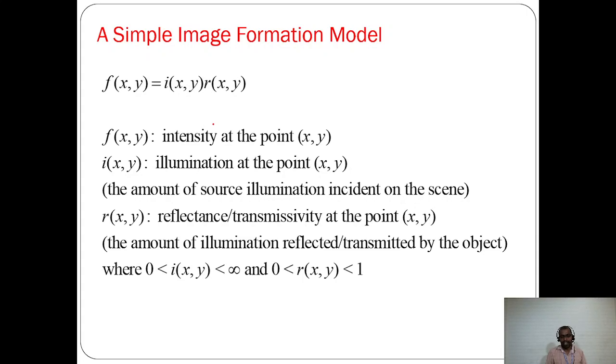So the image can be formulated using illumination and reflection, represented as i of x comma y and r of x comma y. The illumination value is between 0 and infinity and the reflection value is between 0 and 1.